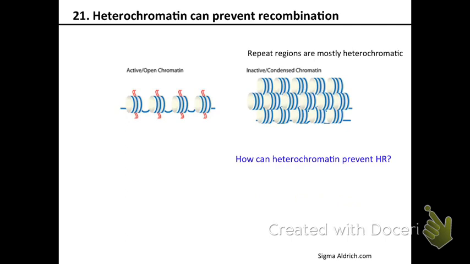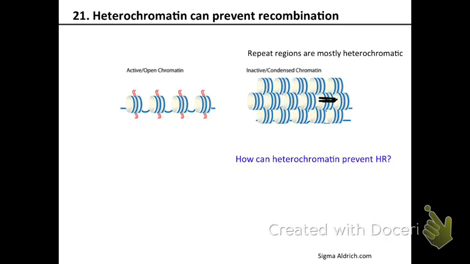So can you guys just think about how this heterochromatin can prevent homologous recombination? So it will prevent like strand invasion? Exactly. That's one of the mechanisms by which it will prevent homologous recombination. Imagine that you actually got a double-stranded break over here, okay?